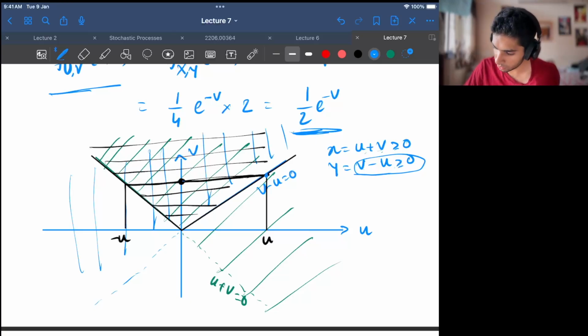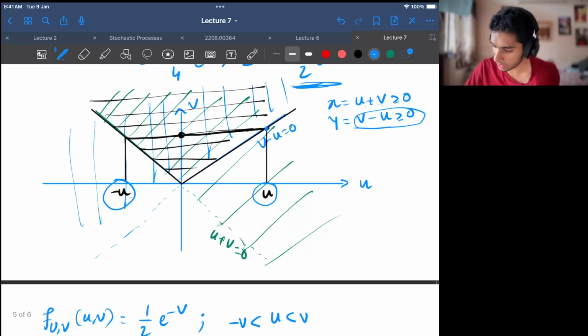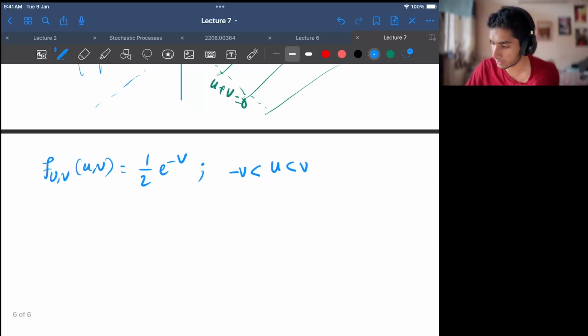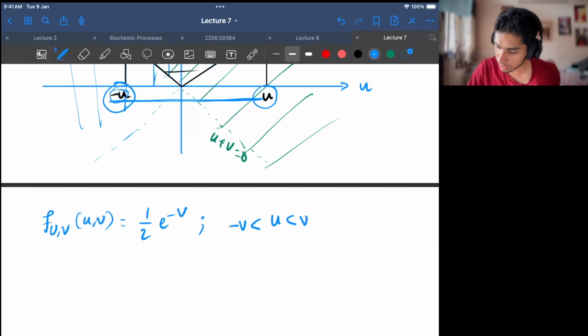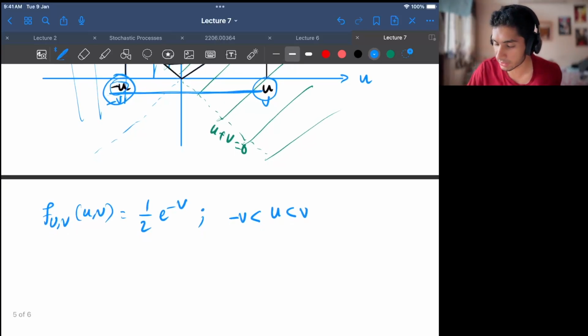So for a given v, u is between minus v and v. It's nothing difficult. So this is minus v, this is v, because it's the x equal to y line.